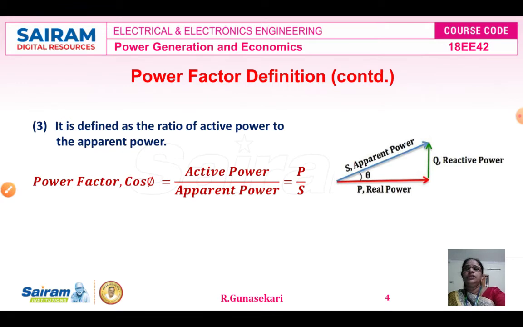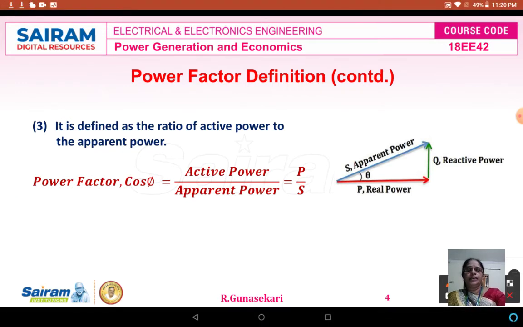What is the third definition of power factor? Now you see the triangle. This is the power triangle. The adjacent side is real power, denoted by capital P. The opposite side is the reactive power, Q. The hypotenuse is the apparent power, denoted by capital S. So the power factor is the ratio of active power to apparent power.